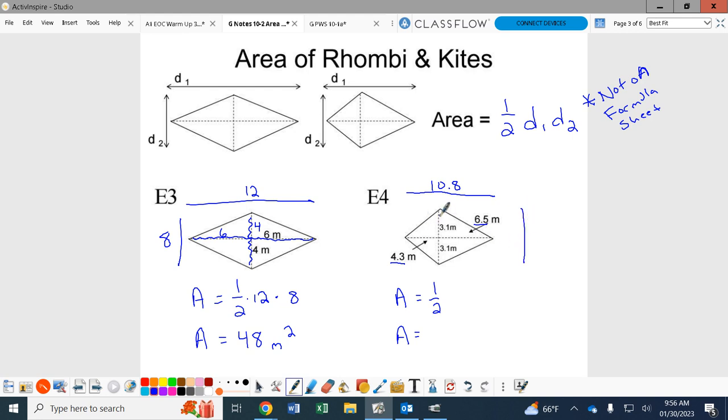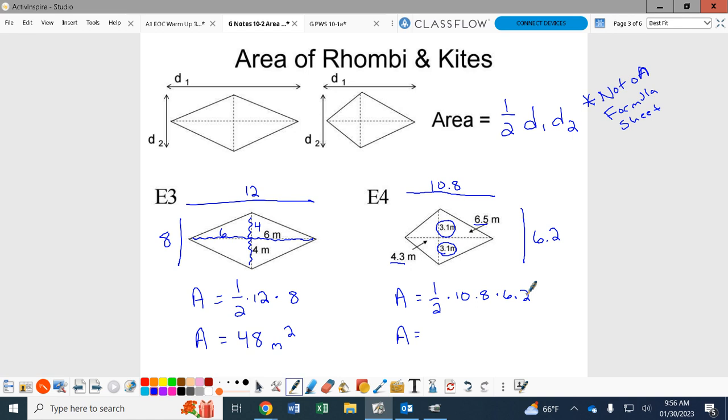Okay. We're going to do the same thing going up and down. Going up and down, those amounts happen to be the same. What we're adding together is the 3.1 and the 3.1. What's 3.1 and 3.1? 6.2. There we go. So these are the diagonals you're going to plug in: 1/2 diagonal 1, which is 10.8, times diagonal 2, which is 6.2. It does not matter what order you multiply these in.